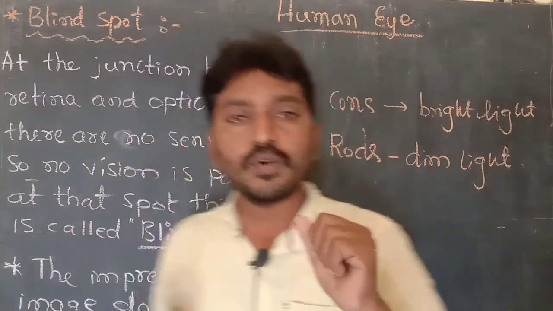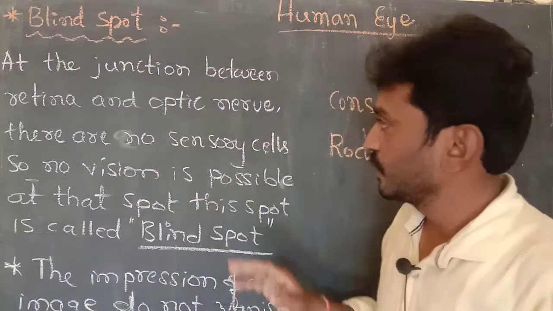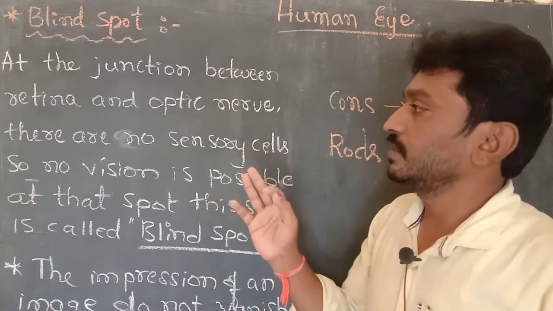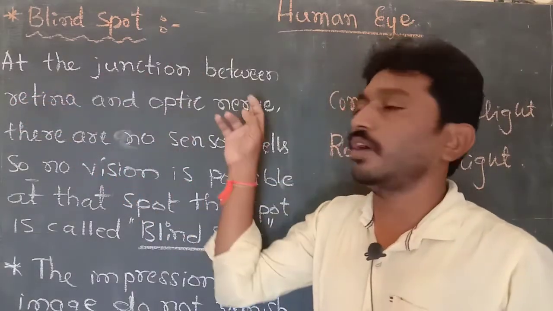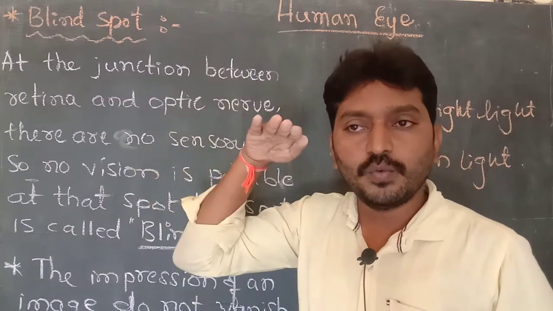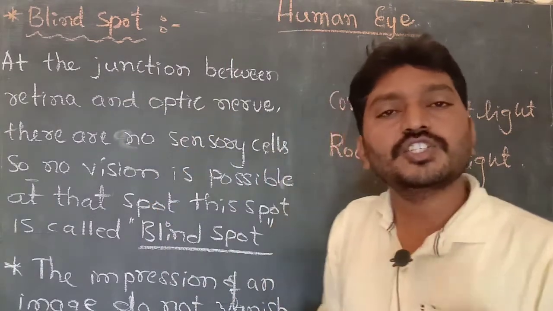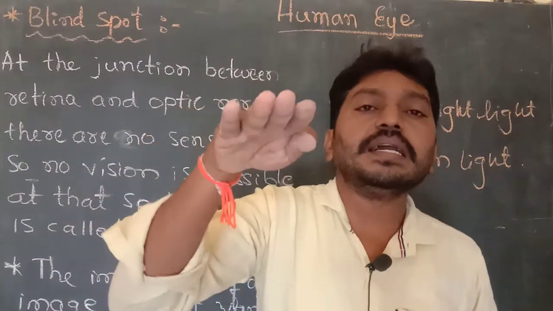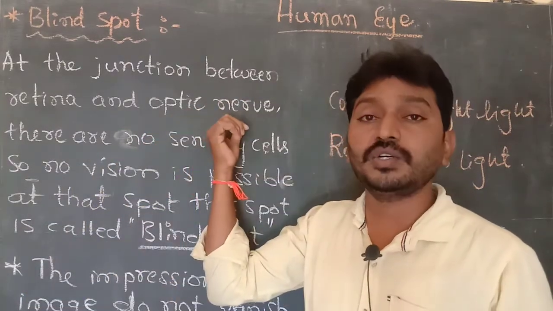But here what happens, between the retina and the optic nerve there is one junction. Junction in the sense one passage, the passage between the retina and the optic nerve.